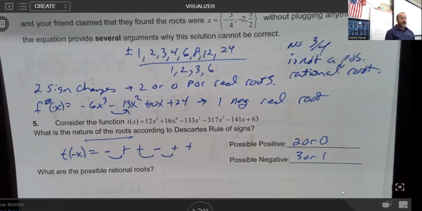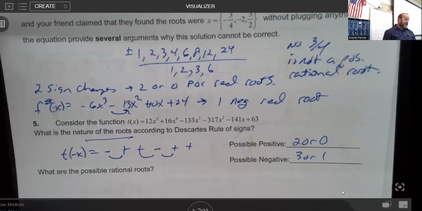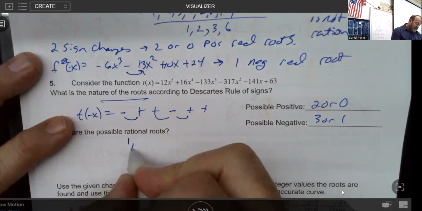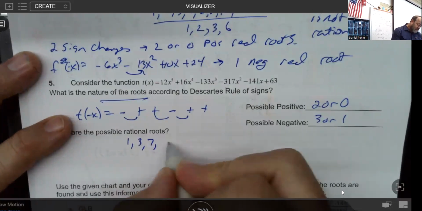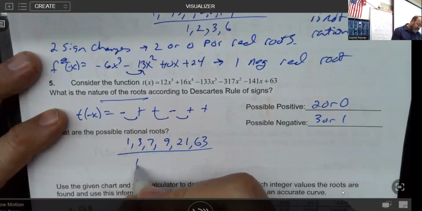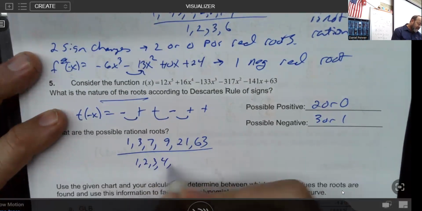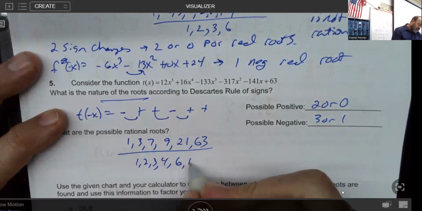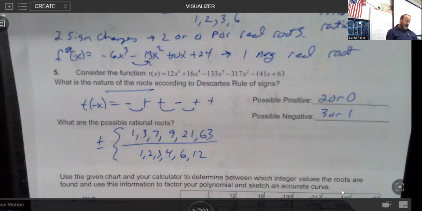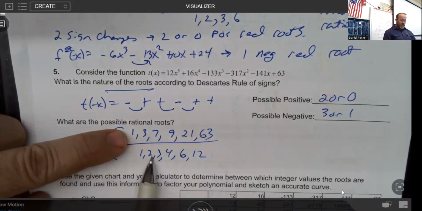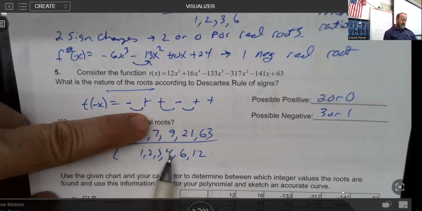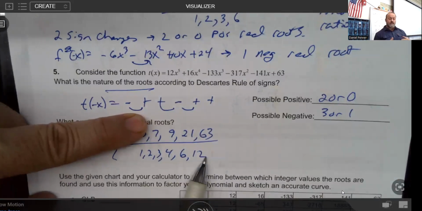Now, in terms of my possible rational roots, this is a place where, just for the sake of brevity, I'm going to go ahead and write this quickly. I understand there's many, many fractions that could be made out of what I'm writing down right here. But this is a pretty long, exhaustive list with numbers like 1/2, a third, a fourth, a sixth, a 12th, 3/2, 3/4, 3/6, which is really 1/2, 3/12, which is really a quarter.